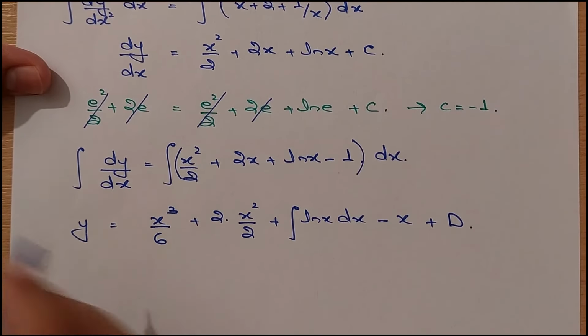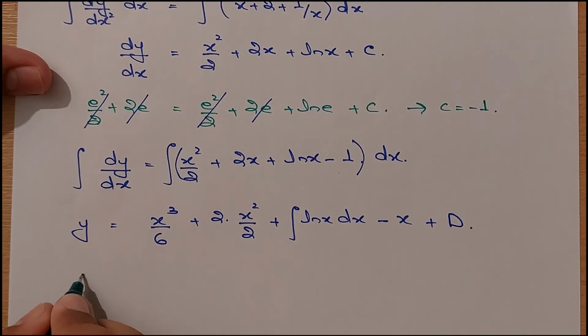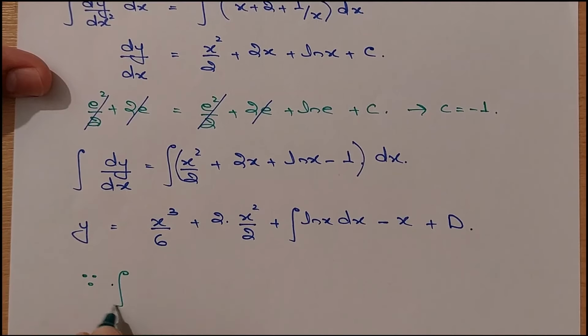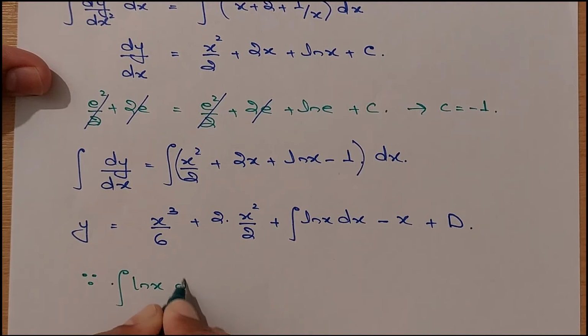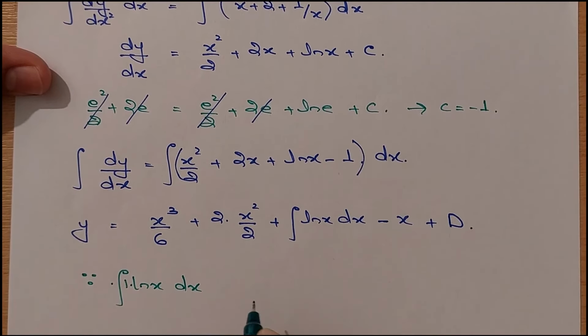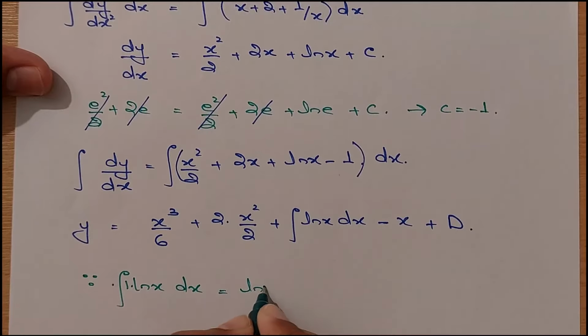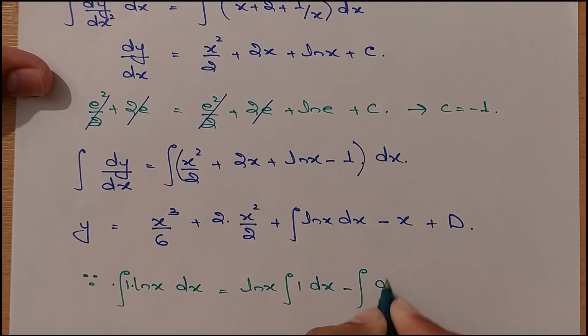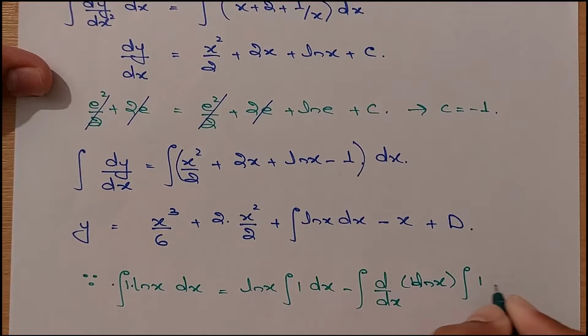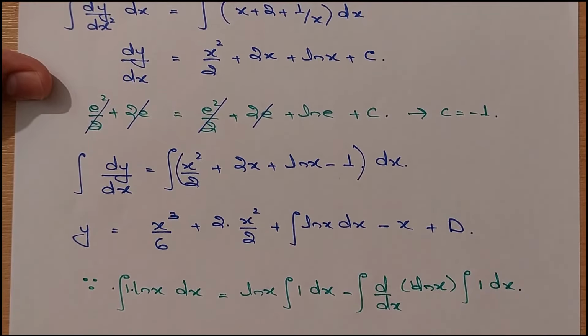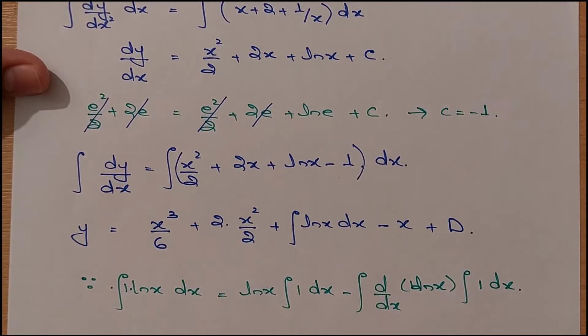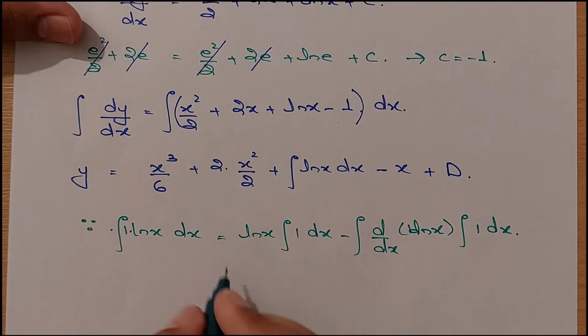Okay, now let me do the integration of natural log of x. For the integration of natural log of x, we use integration by parts. One is the first term and the other is the second term. ln x is the first term, times the integration of 1 dx, minus the whole integration of the derivative of the first term times the integration of the second term, because the integration of natural log does not exist directly but the derivative exists, right?